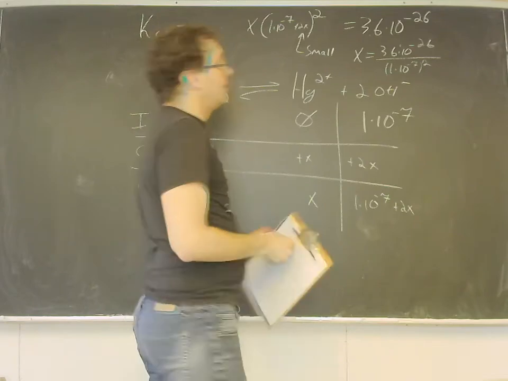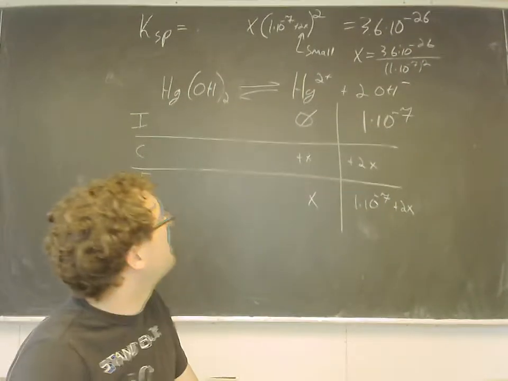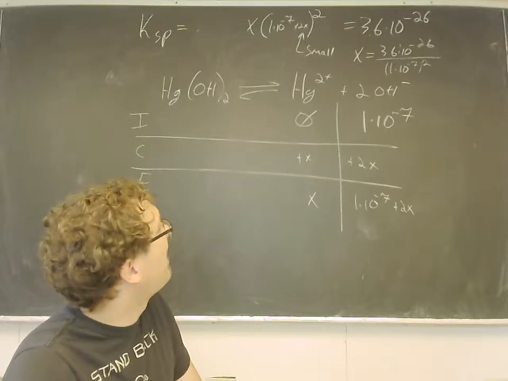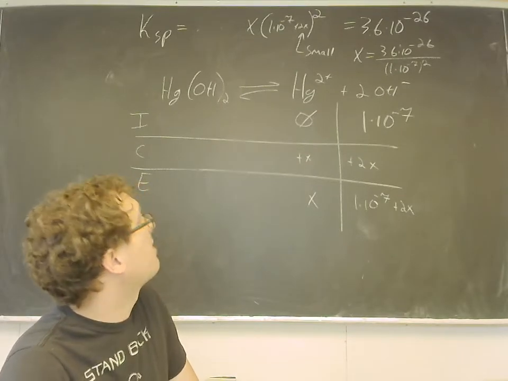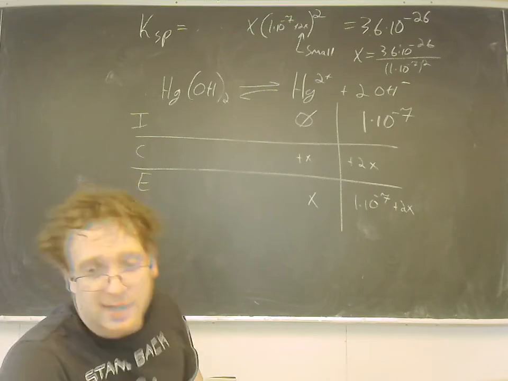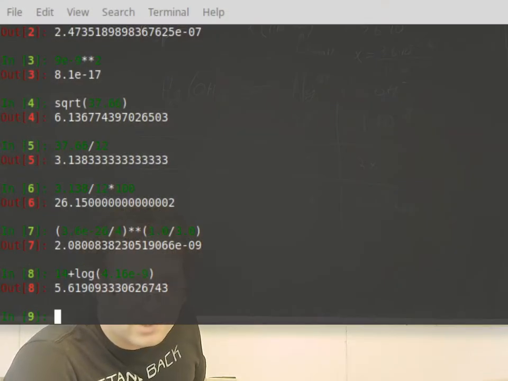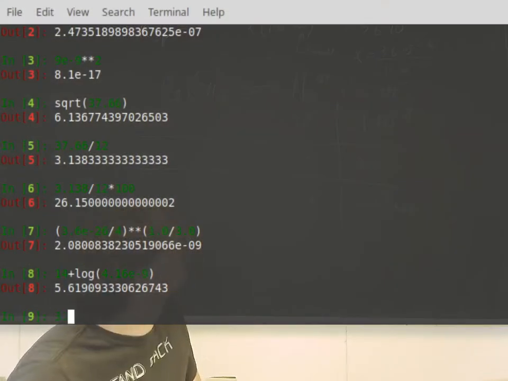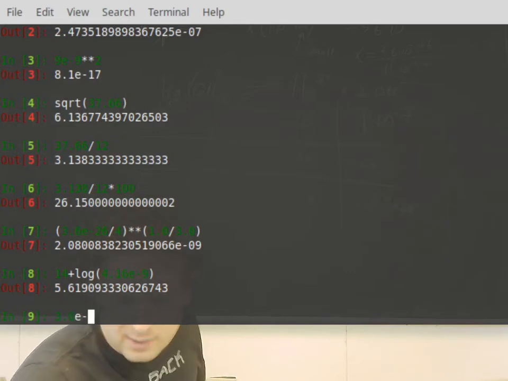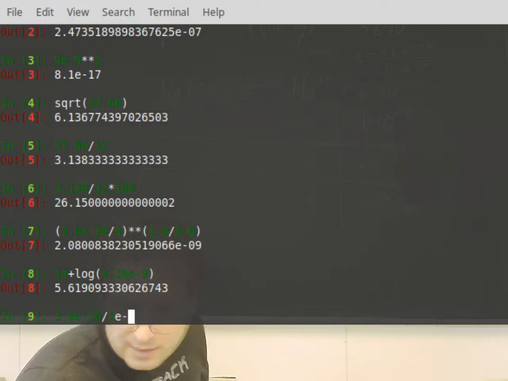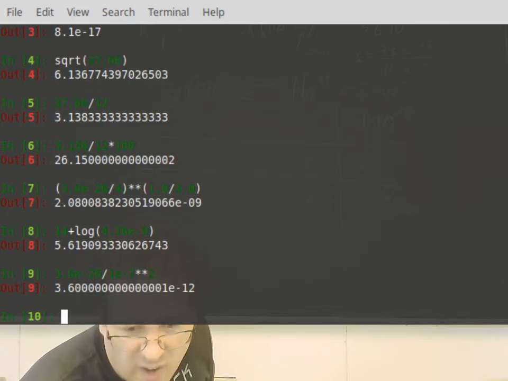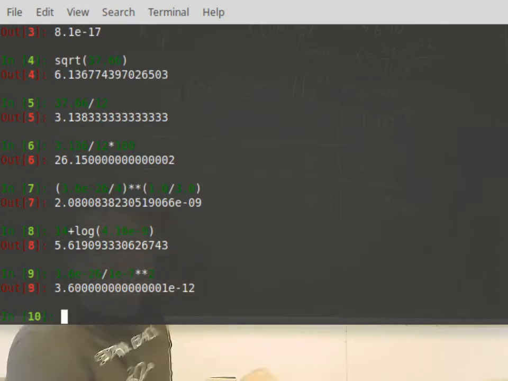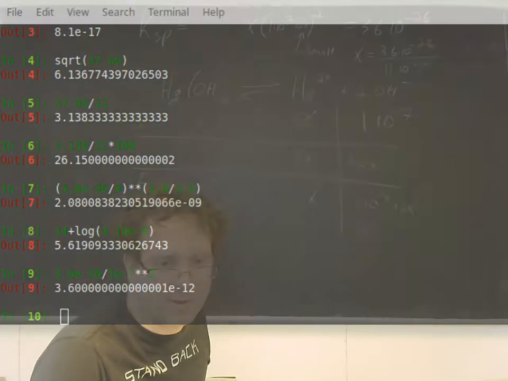And we can go ahead and do that in our head because they're all just powers of 10. It should be 3.6 times 10 to the negative 12th, but let's double check it just to be sure. We have 3.6 E negative 26 divided by 1 E negative 7 squared, and 3.6 times 10 to the negative 12th.